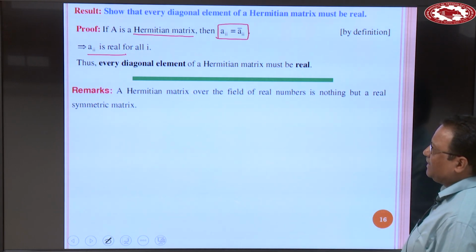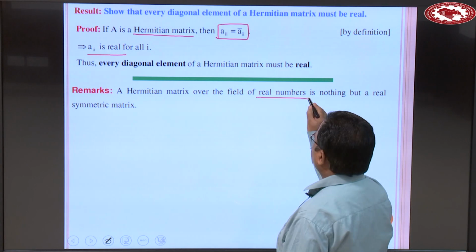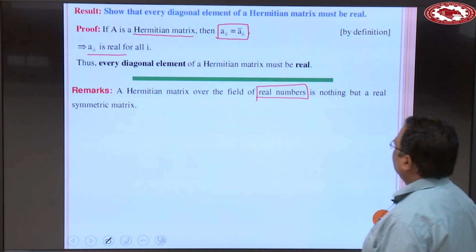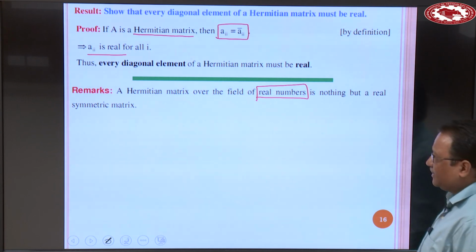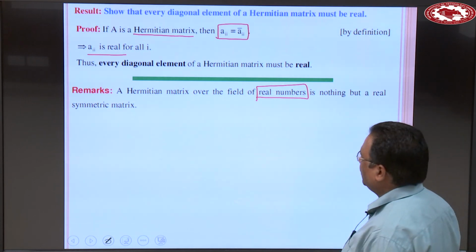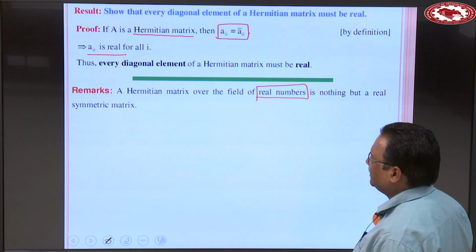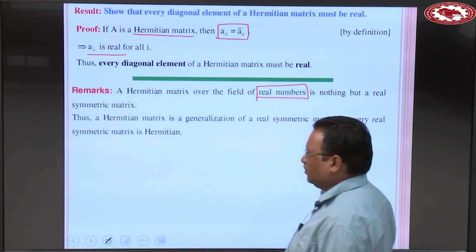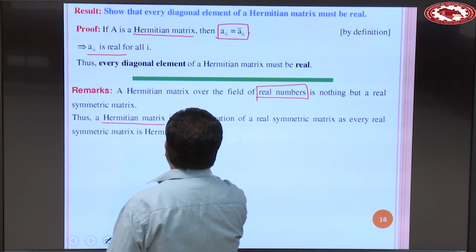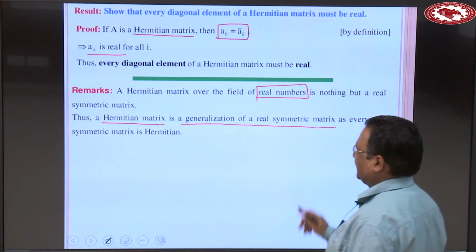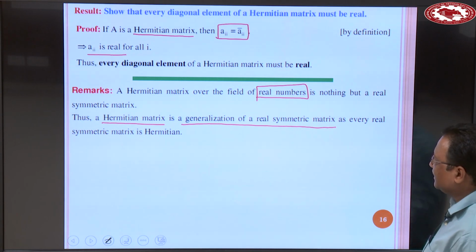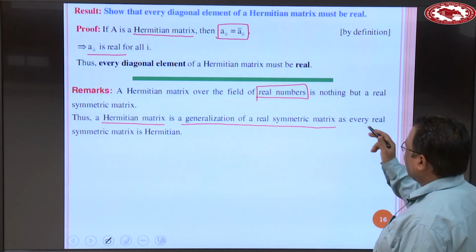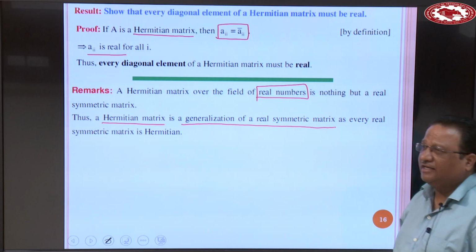And a Hermitian matrix over the field of real numbers is nothing but a real symmetric matrix. So, a Hermitian matrix is a generalization of a real symmetric matrix, as every real symmetric matrix is Hermitian.